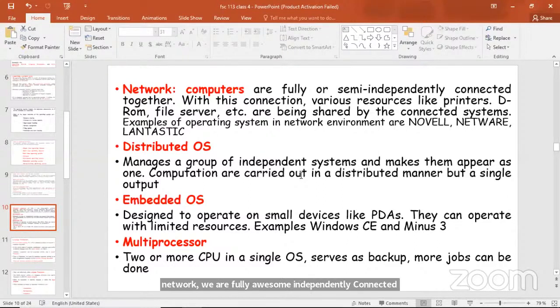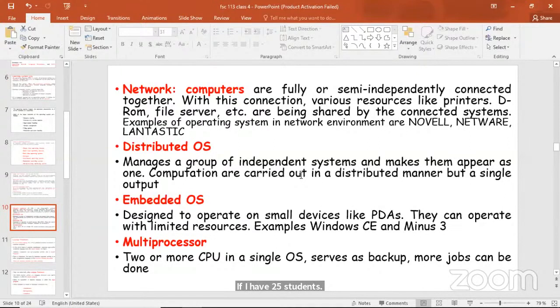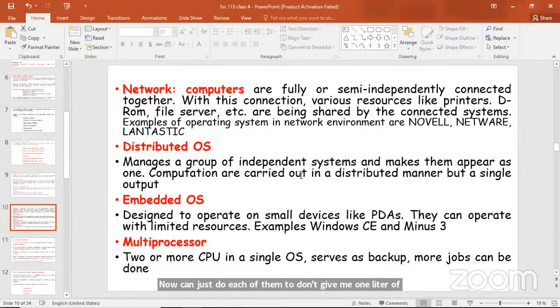With this connection, various resources like file servers are being shared. Now, a distributed OS manages a group of independent systems and makes them appear as one. Computations are carried out in a distributed manner, but as a single app. What we mean by distributed manner is this. If I have 25 students and I want to fill up a 25-liter keg, I can just tell each of them to go and get me 1 liter of water each, right?